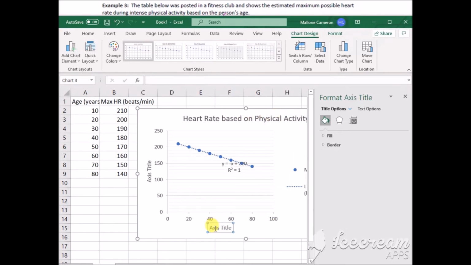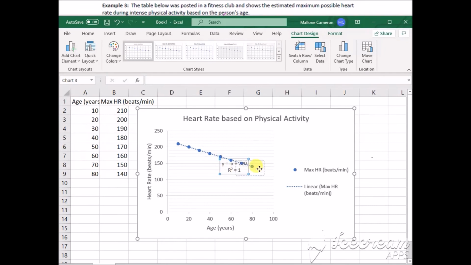Okay, this is going to be age, and that's measured in years. And then this is going to be heart rate, and that's measured in beats per minute. We can move that, and then this is the line of best fit.